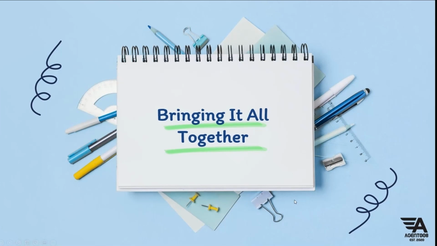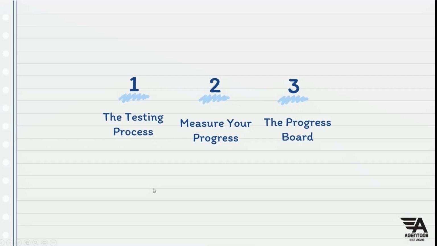Okay, now how can we bring it all together, and what do I need to do? I know that I have a process, I have three steps to follow, but how can I bring it together? Or what kind of steps do I need to follow to bring all this together? First step, you need to start with the testing process. What do you mean by testing process?